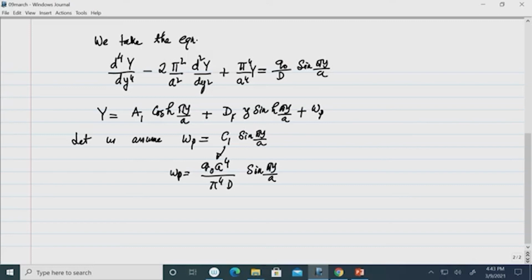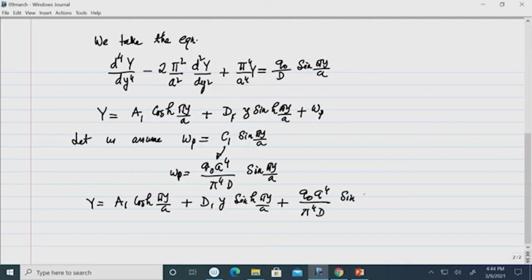So, you will get C 1 as this value. The total solution is now y is equal to a 1 cos hyperbolic pi y by a plus d 1 y sin hyperbolic pi y by a plus q naught a to the power 4 pi to the power 4 d sin pi y by a. So, this is the complete solution of y.